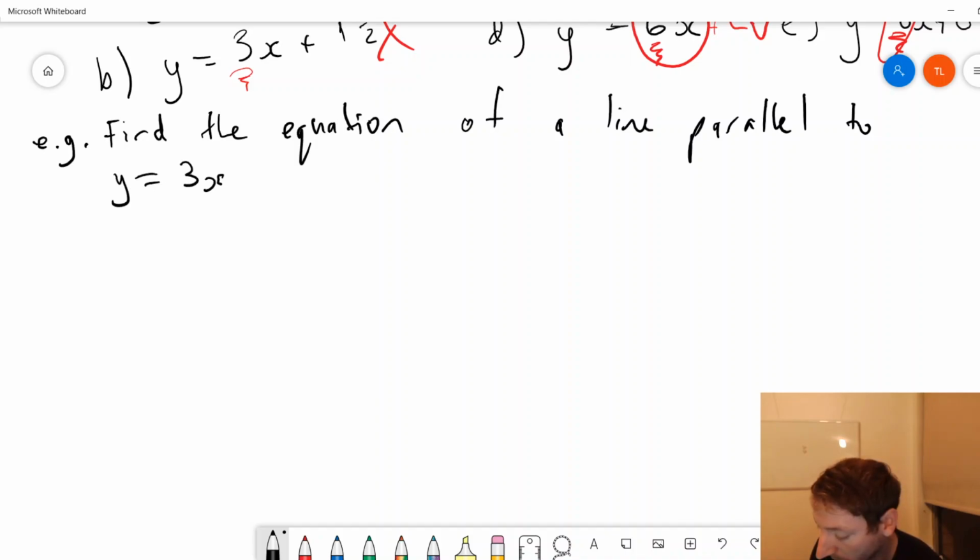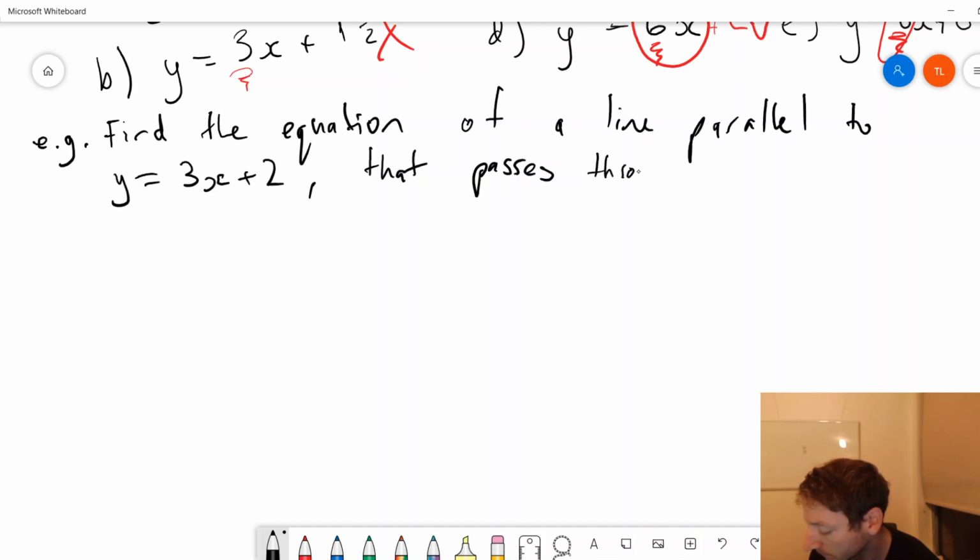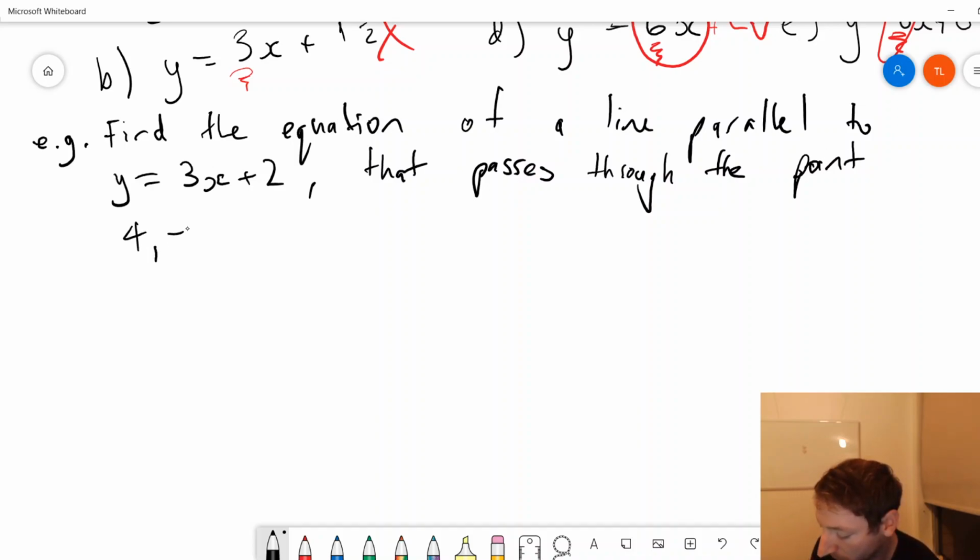Let's say y equals 3x plus 2, that passes through the point 4, negative 8.